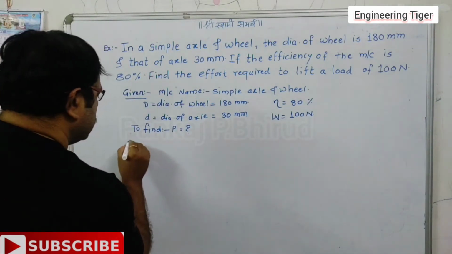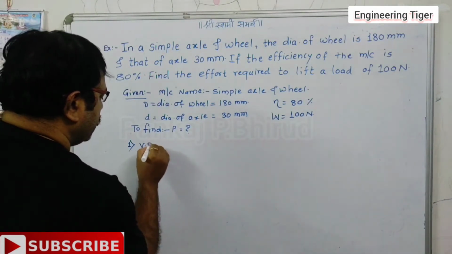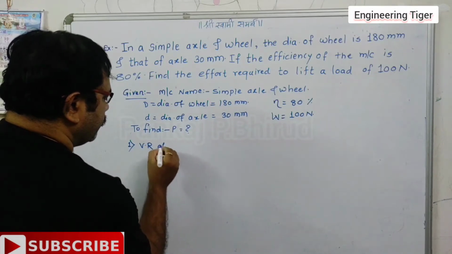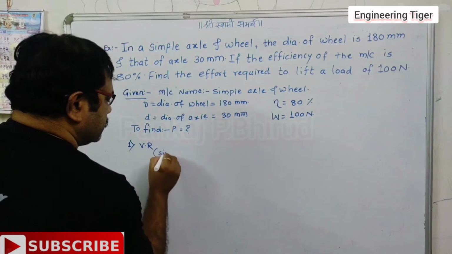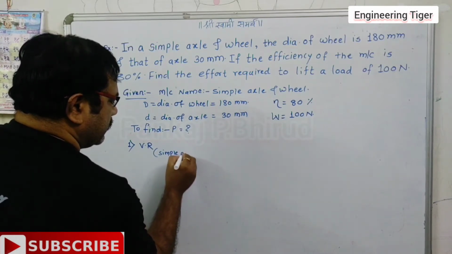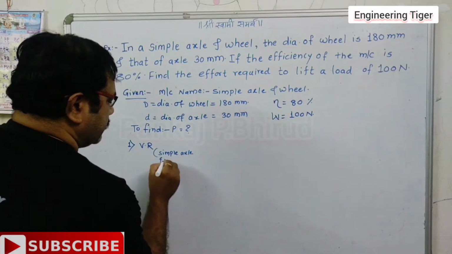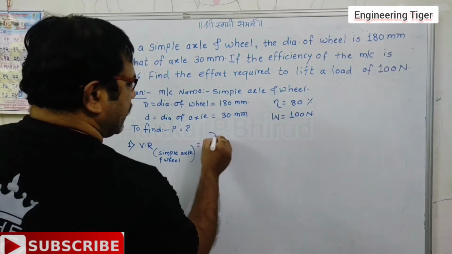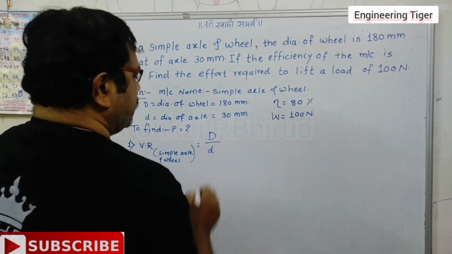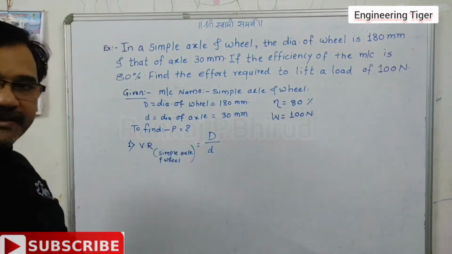So first we'll find out the velocity ratio of the simple axle and wheel. So the velocity ratio is capital D upon small d, the diameter of the wheel upon the diameter of the axle.